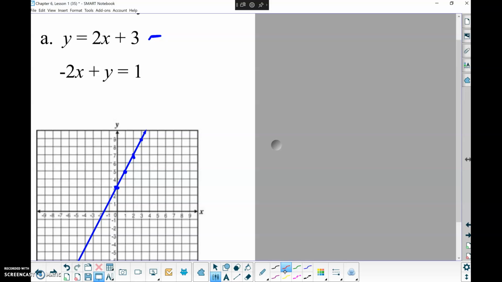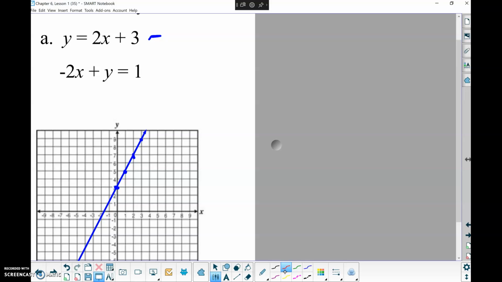Now our second equation gives us a little bit of an issue because it's not in slope-intercept form. So we have a choice. And I'll tell you how I make my choice. If the y is by itself, I'm going to write it in slope-intercept form. I'm going to move that minus 2x to the other side of the equation, and then it's in slope-intercept form.